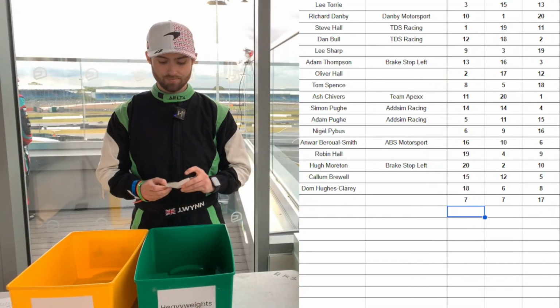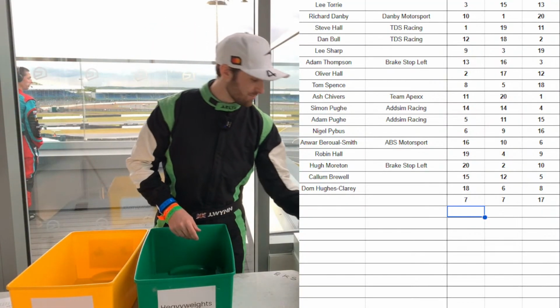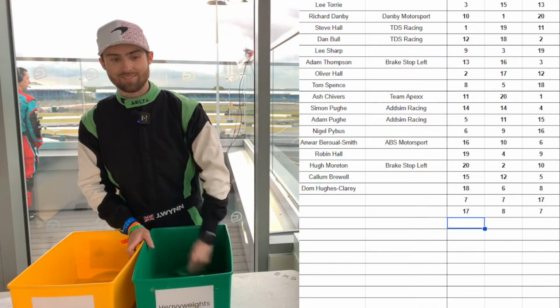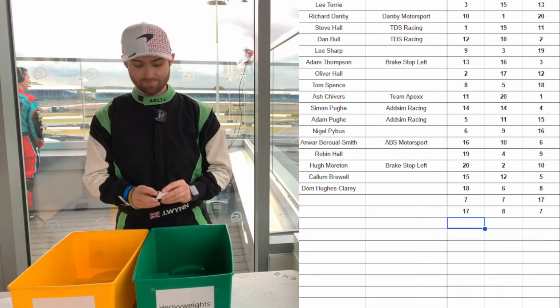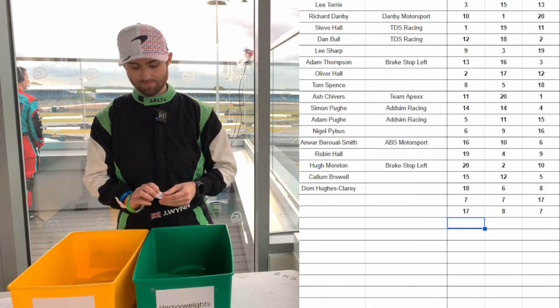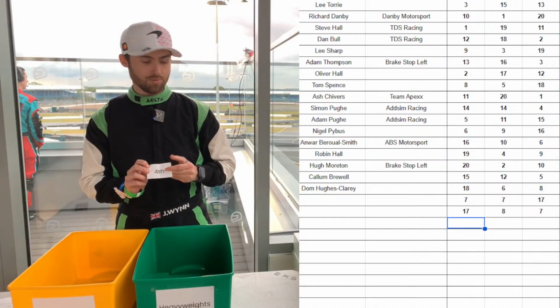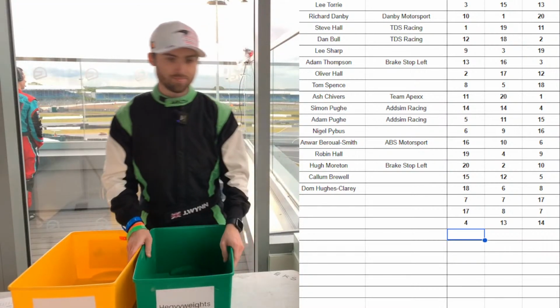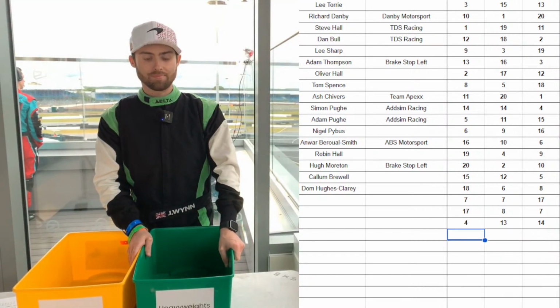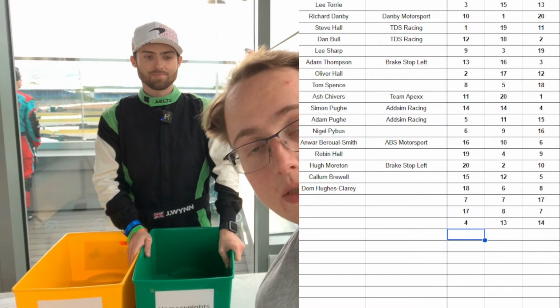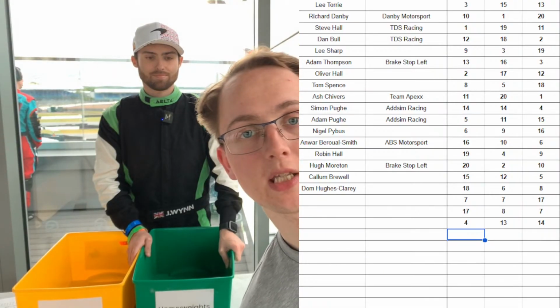Another driver who books in, if they book in, will be 17th on the grid, which will then give them 8th and 7th for their remaining races. Another driver, if they book in, will get 4th on the grid for their first heat, and then they'll get 13th and 14th.